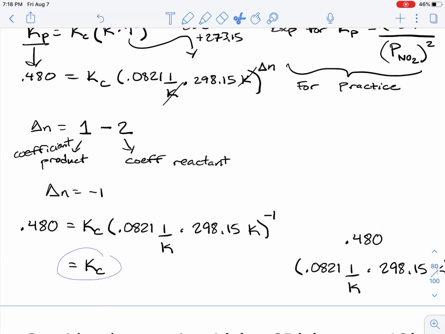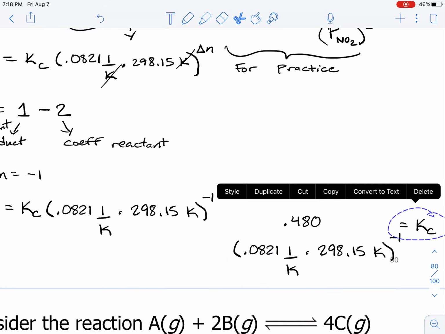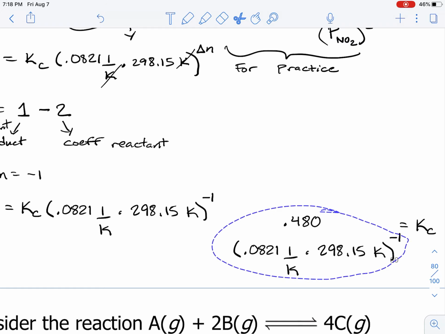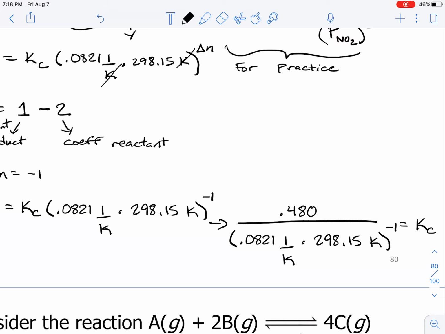So what I did is I divided everything to the other side, and now that everything is solved with respect to Kc, all the terms are moved, isolating Kc. I'm going to go ahead and plug this into my calculator. So 0.480, divide this by 0.0821, times that by 298.15.